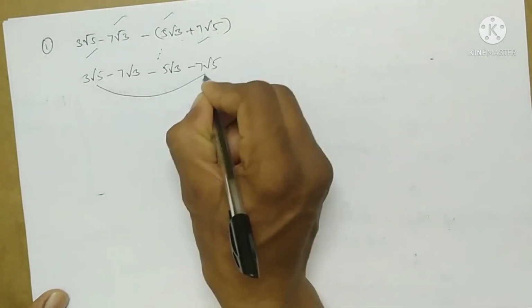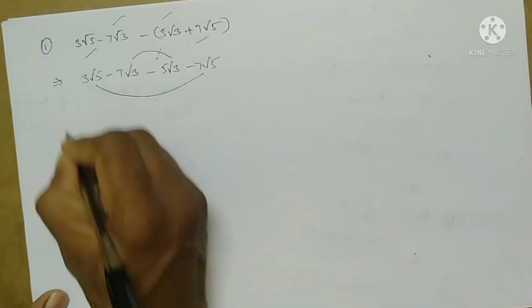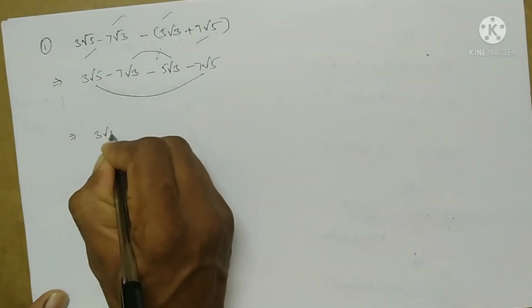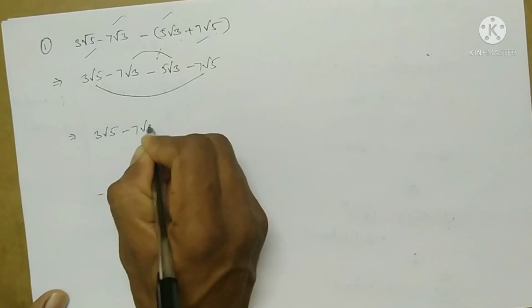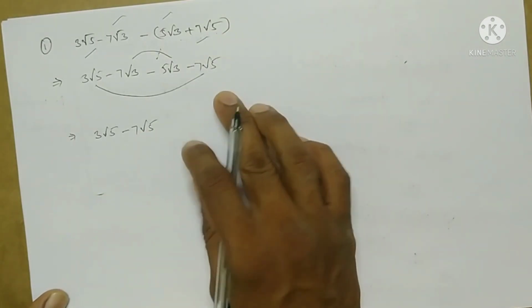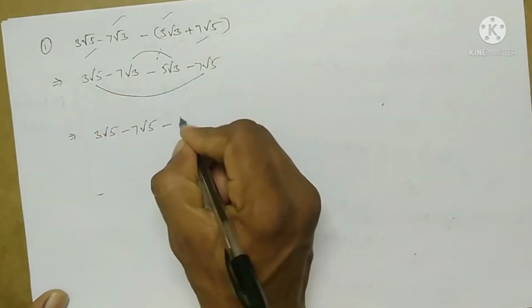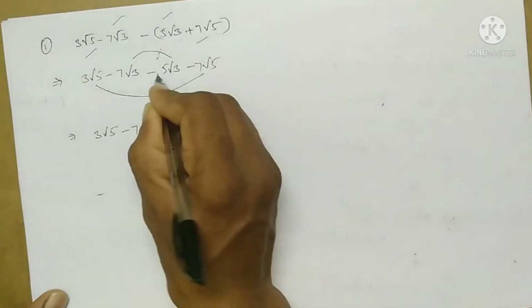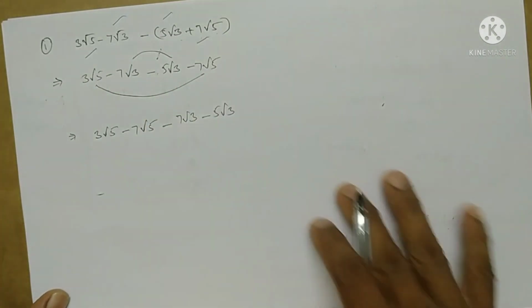So that is equal to 3 root 5 minus 7 root 5 minus 7 root 3 minus 5 root 3.